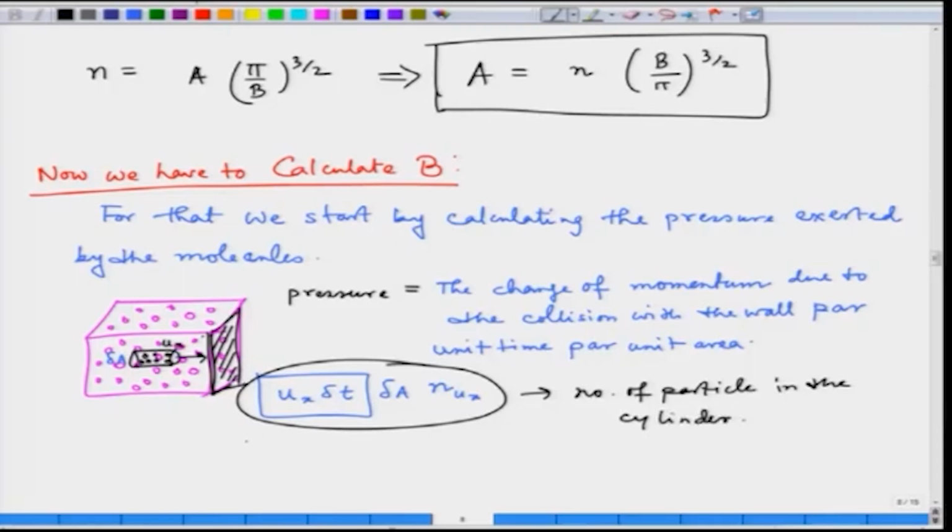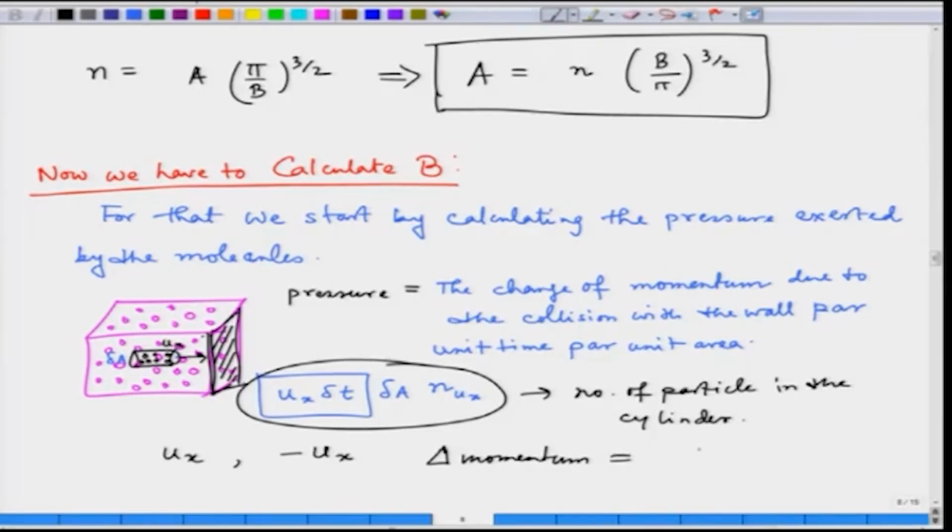Now, every such particle will collide with the wall, and just before the collision it had a velocity component ux, and after the collision you had a velocity component minus ux, that we all know. So, the change in momentum, delta momentum, will simply be equal to mux minus minus mux.